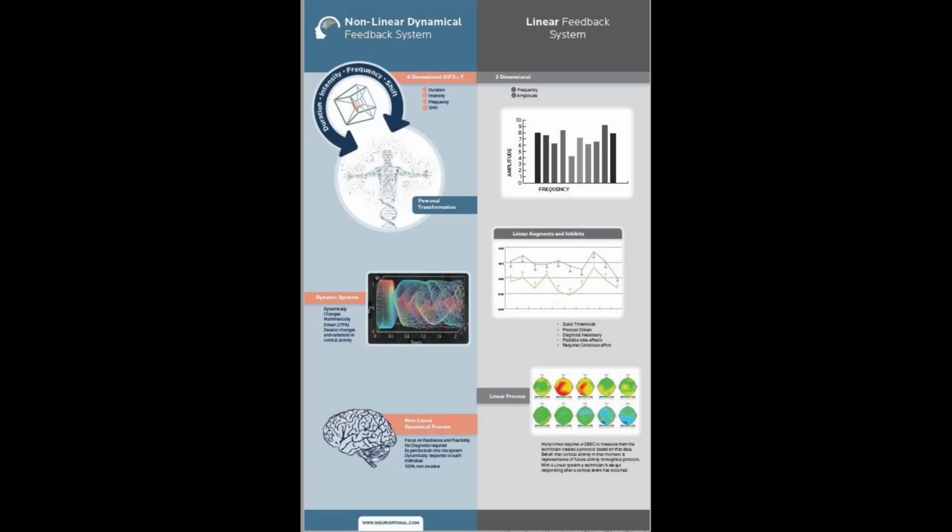So when we talk about the differences between dynamical and linear, this is what we kind of came up with to help with that. Now, this is in your packet of information. It's a PDF, and all three of the next slides are together in one format for you.